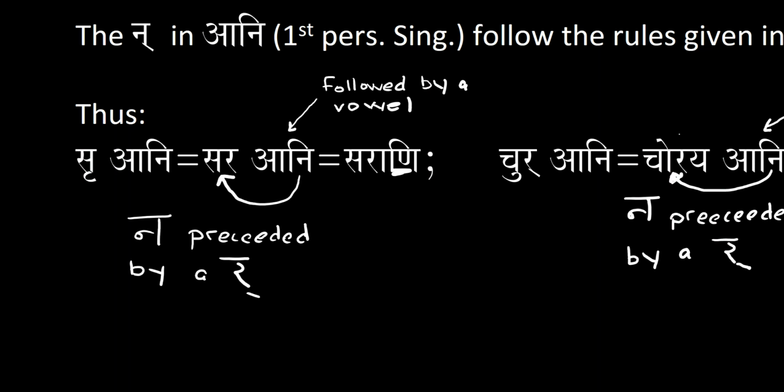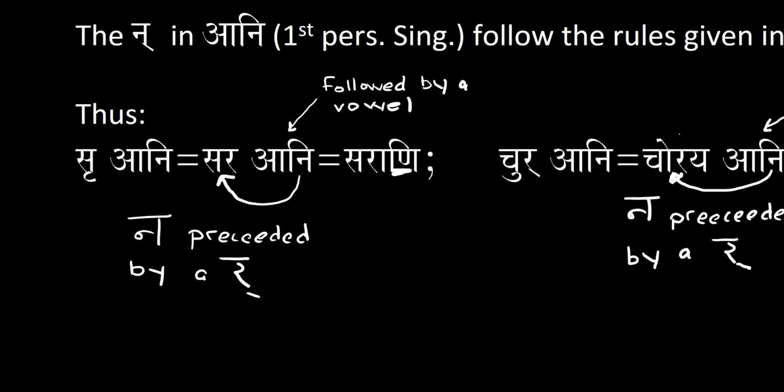And remember, for this specific sandhi rule, the distance between the letters doesn't matter. As long as the ni is somewhere preceded by the ra and followed by a vowel, it will turn into the cerebral instead of the dental.